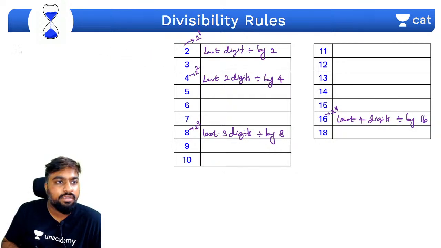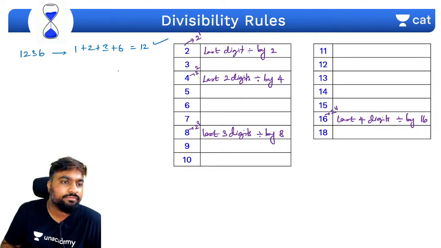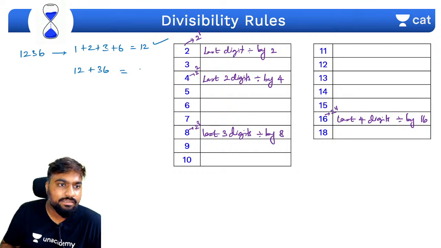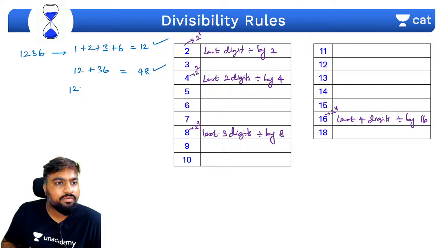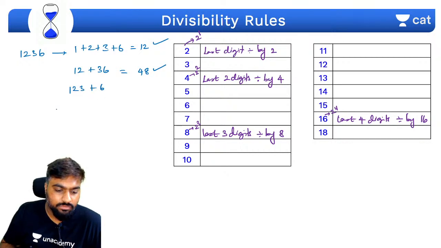For example, if you take 1, 2, 3, 6, 1 plus 2 plus 3 plus 6, 12, divisible by 3. Yes, you can consider it like this also. 12 plus 36 is what? 48, divisible by 3. You can consider it 123 plus 6 also.